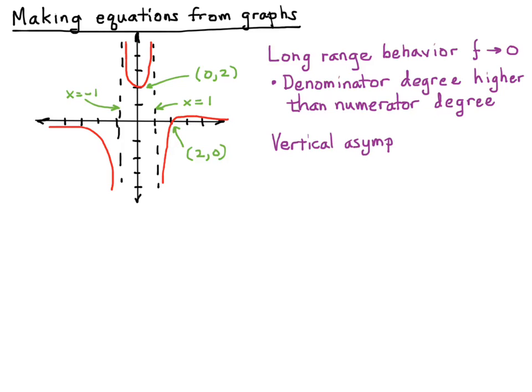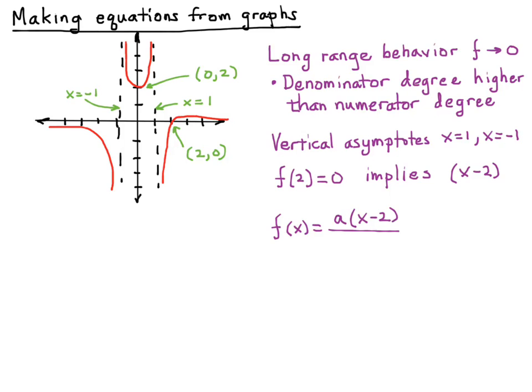Now my vertical asymptotes, as being 1 and negative 1, and then with my root at 2, or f at 2 equals 0, that implies that I have x minus 2 in the numerator. And so I can build up my function like this.